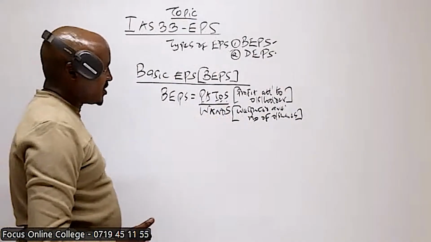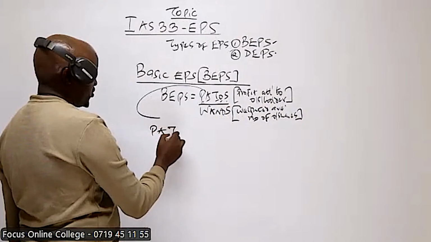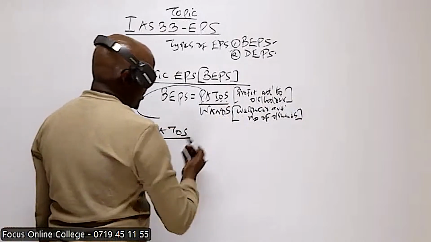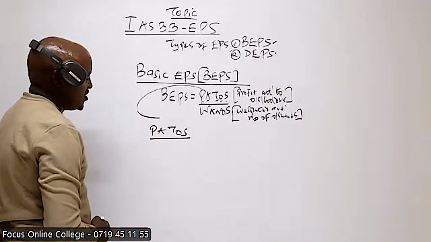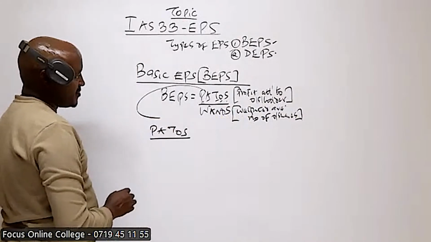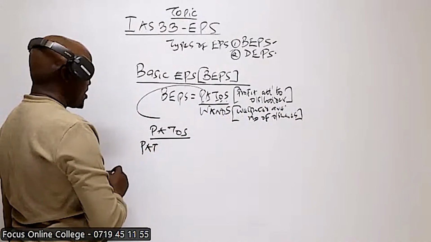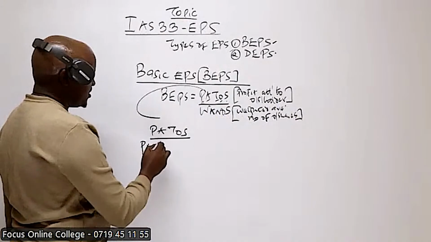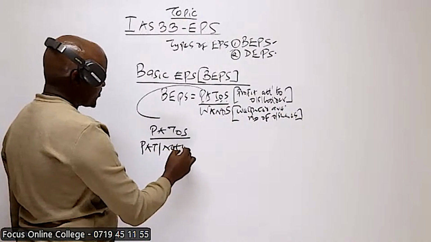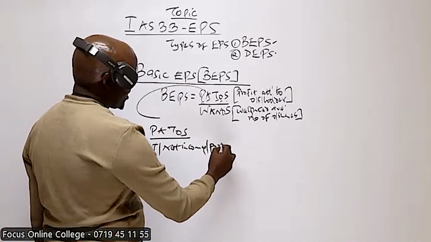In our case, we started by looking at how we compute the first item within our formula, not equation, within our formula. We started with the PATOS, the profit attributable to ordinary shareholders. We said this is computed by taking the profit after tax, PAT, or the net income, or the profit for the year.